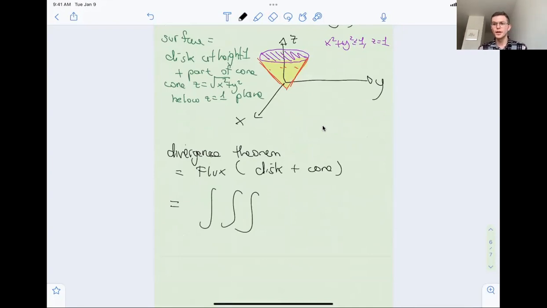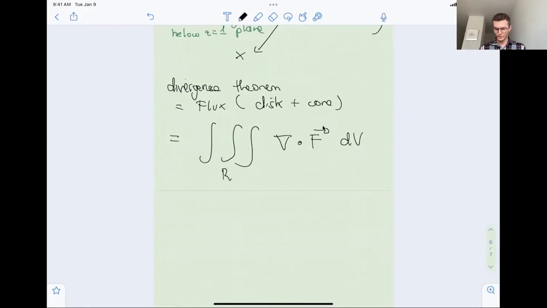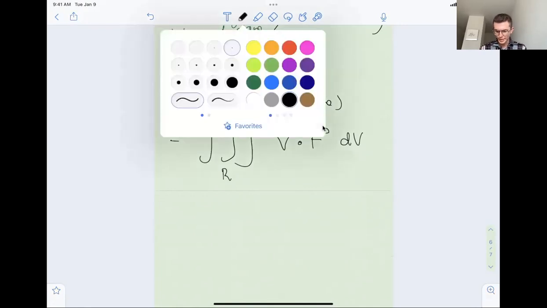If you don't want to do that, you can just do the triple integral over R, where R is the inside of the ice cream cone, of this divergence of the field. So here's where the theorem is being applied.